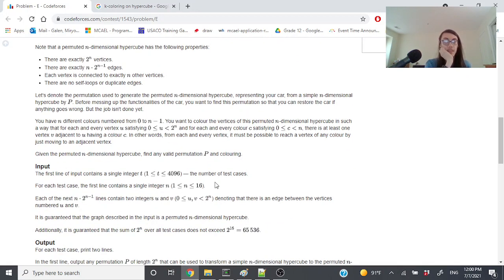Color the vertices for every vertex U, for every color C. Okay, so suppose we have... okay, we're putting down chains.